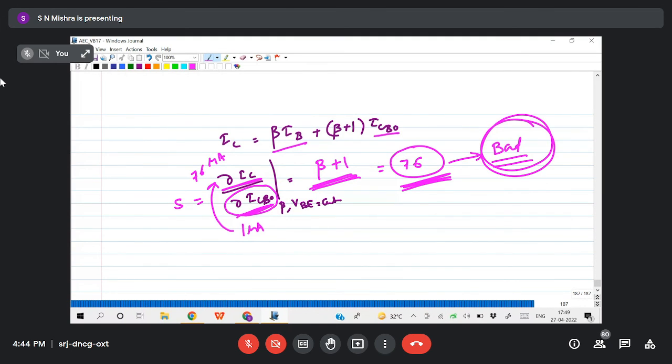Generally we avoid this type of biasing circuit because the stability factor is very high. A small change in temperature will change beta, and the stability factor increases. So the fixed bias circuit is not used. That is the demerit, but the merit is that it is a very simple circuit with fewer components.